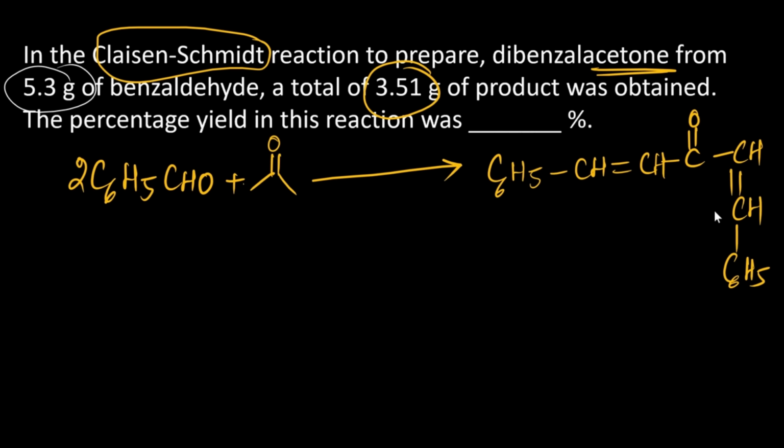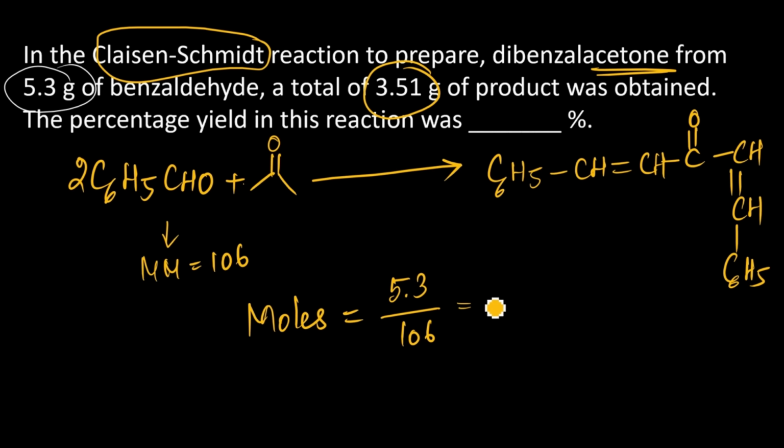So we know the product formed is 3.51 grams. What is the theoretical yield? That is in 2:1 ratio. So 5.3 grams of benzaldehyde. The molar mass of benzaldehyde is 106, right? So the moles is 5.3 divided by 106, that is 0.049.